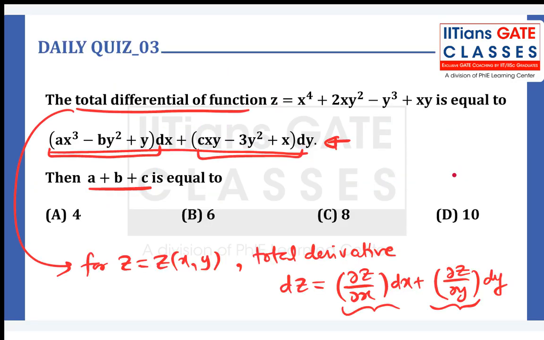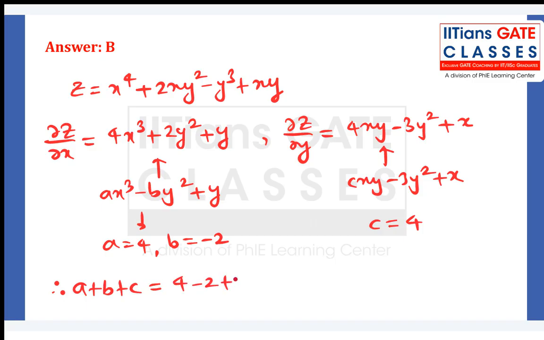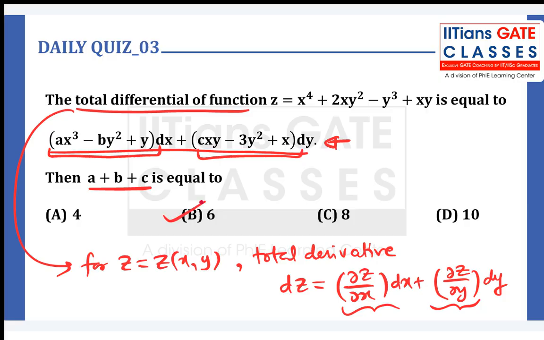Now if you compare the coefficients, from here you can write a as 4, b as minus 2 and c as 4. Therefore a plus b plus c is nothing but 4 minus 2 plus 4, that is 8 minus 2, that is 6. And your correct answer should be 6. Yeah, that is the correct answer.